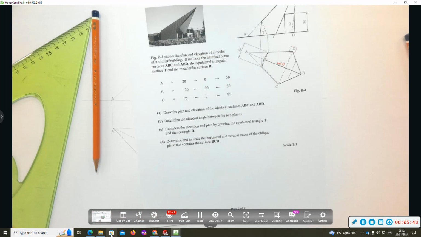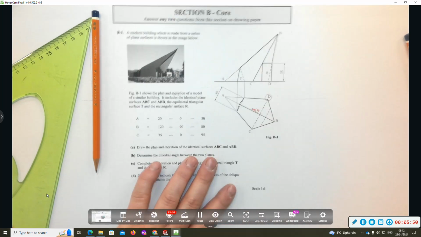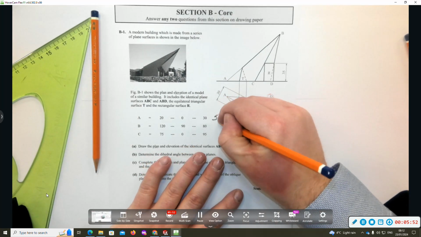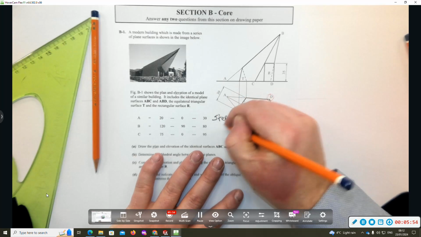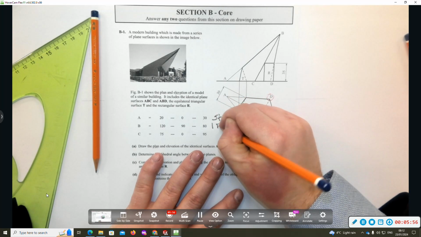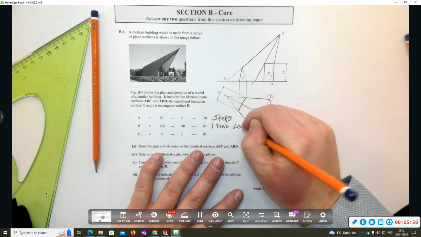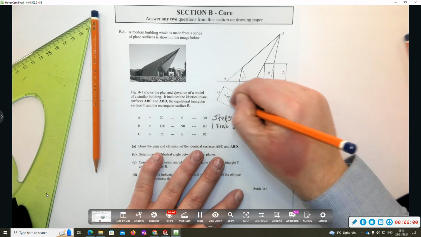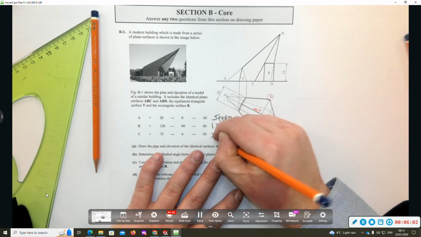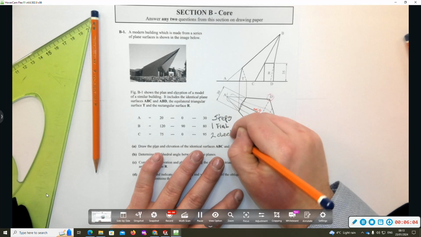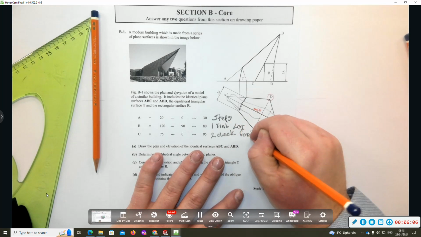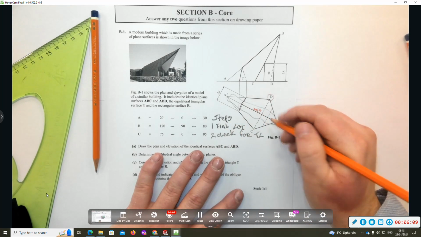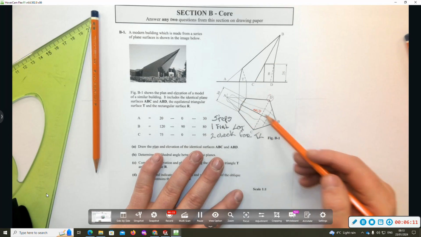Right. Here's your steps. 1. Find LOI, line of intersection. It's A, B. 2. Check for true length. So the line of intersection, okay, checks the true length.